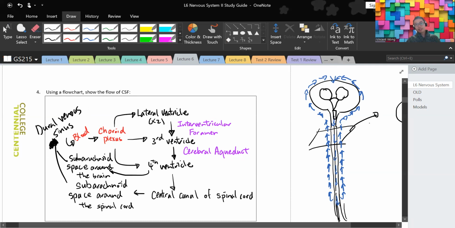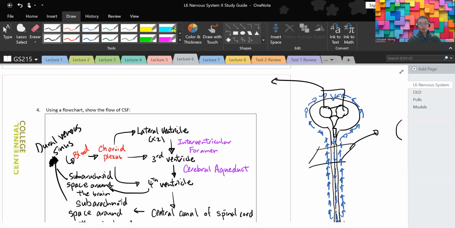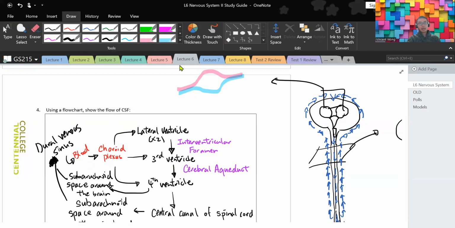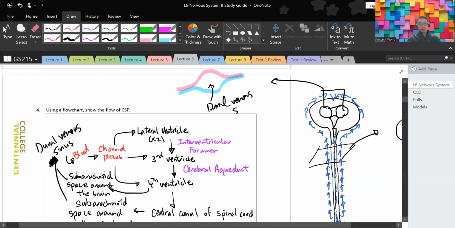So up here, if you zoom out, remember earlier today I was saying the dura mater will separate into pockets. Up here along the center of your brain, that's where it will open up and form the dural venous sinus. So ultimately all the fluid is going to drain back up here.